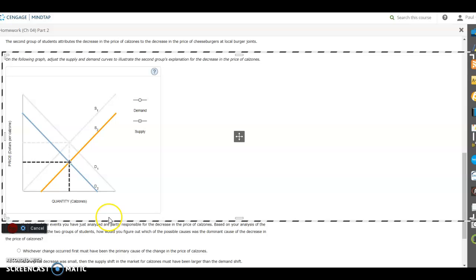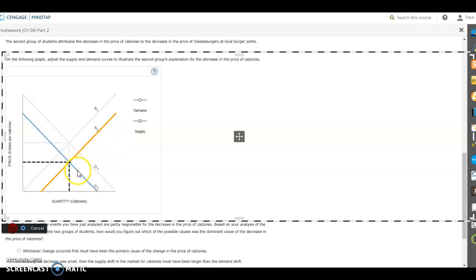Now, you could have ended up with two other scenarios for quantity. So the scenario where quantity could have increased compared to the original equilibrium would be the scenario where the supply shift was larger than the demand shift. So imagine you move the supply curve farther to the right, and let's say it went over this far.